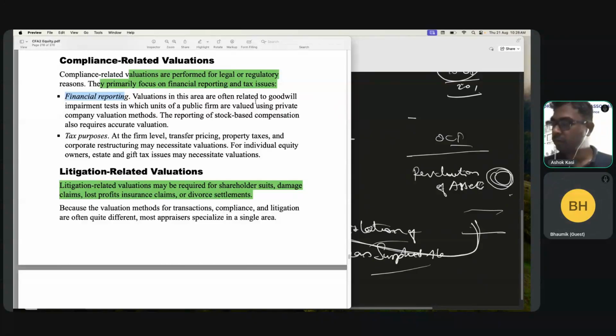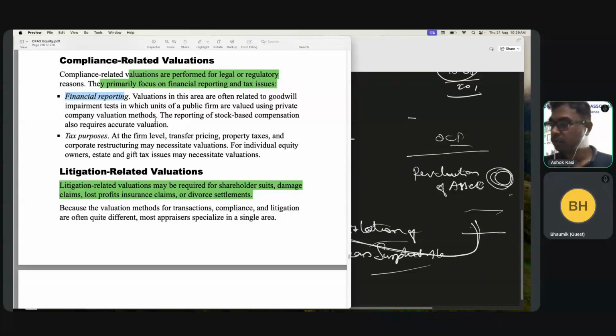Valuations in this area are often related to goodwill impairment test, in which units of a public firm are valued using private company valuation methods.